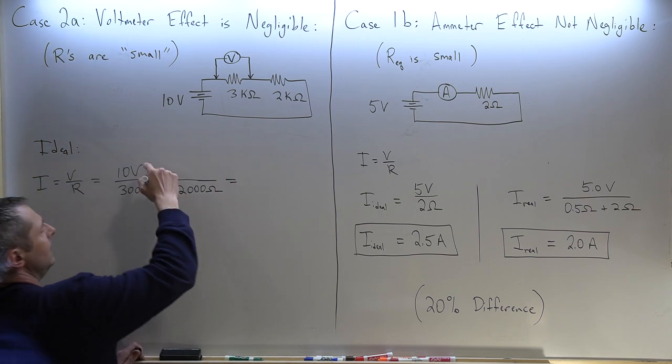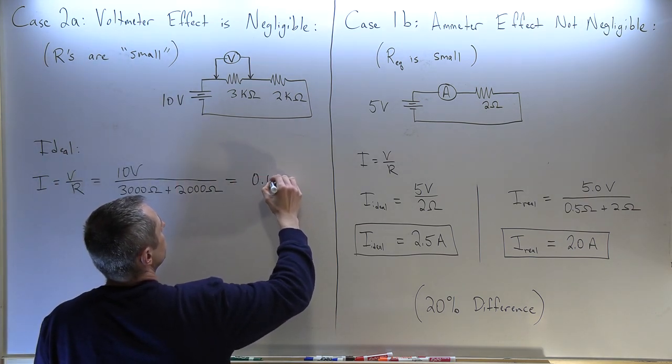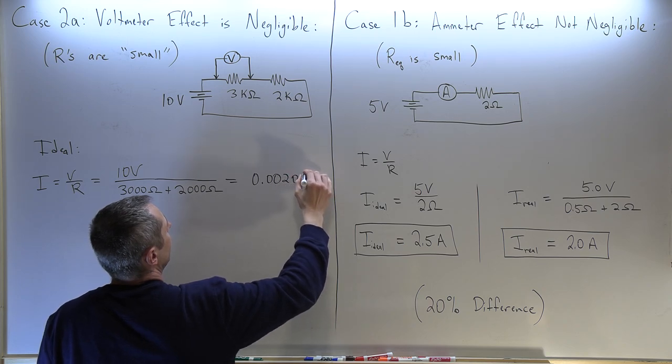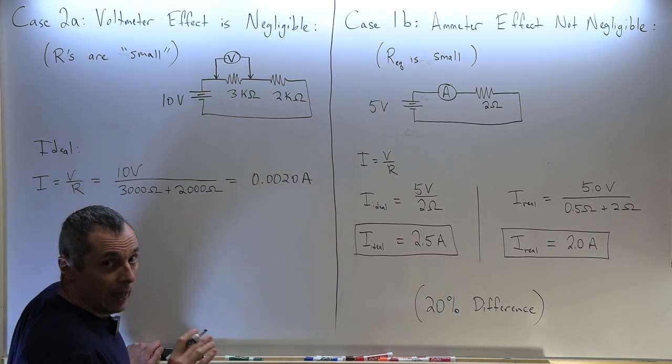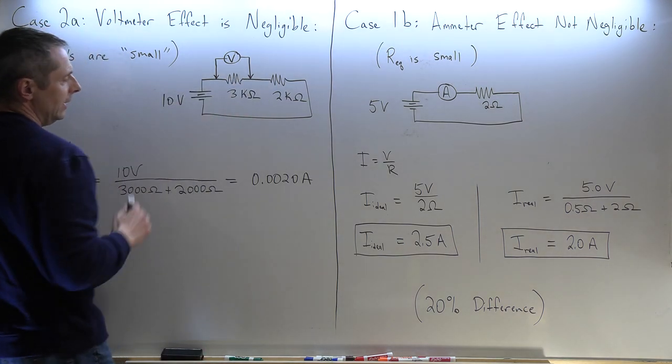So we're dividing 10 by 5,000, which gives us 0.0020 amps.